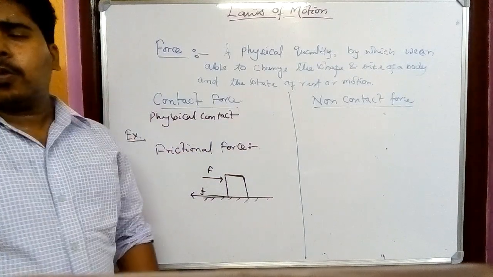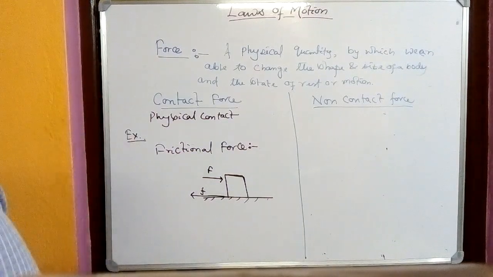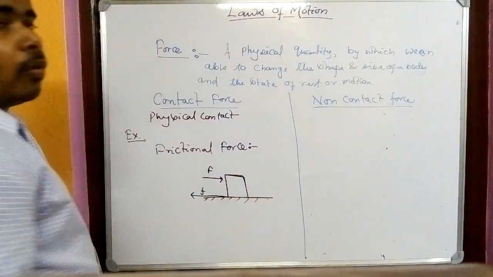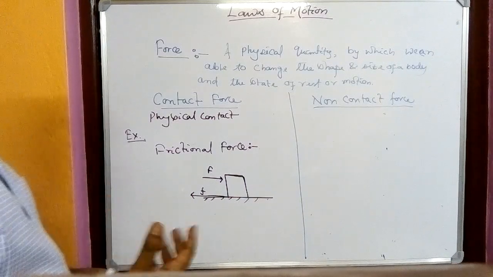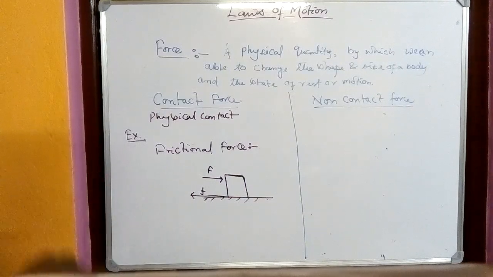So frictional force is an opposing force which tries to stop the motion. It is only possible if the body is in contact with the floor. If it is not, then the frictional force will not be applied. So frictional force is a contact force.